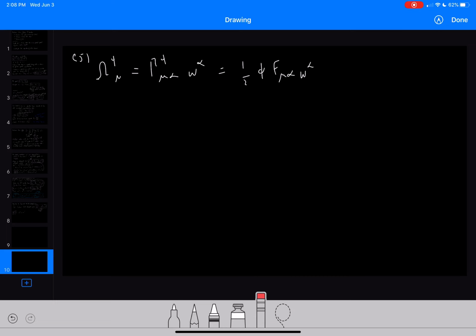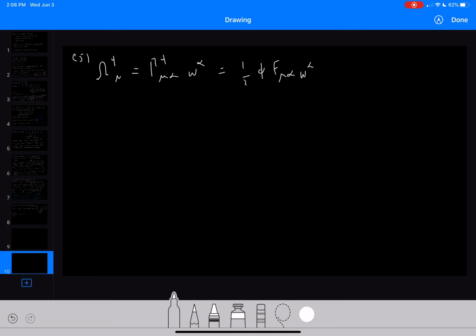So this implies immediately, just by matching the two sides of the equations, that this connection coefficient for alpha, beta, let's say just changing the indices for convenience, is equal to minus for alpha for beta by symmetry.